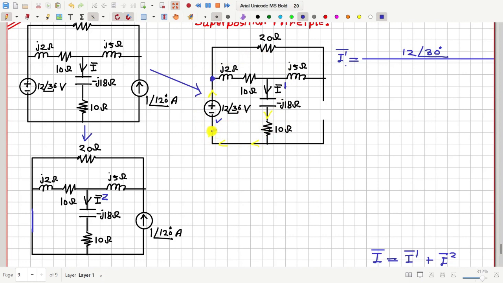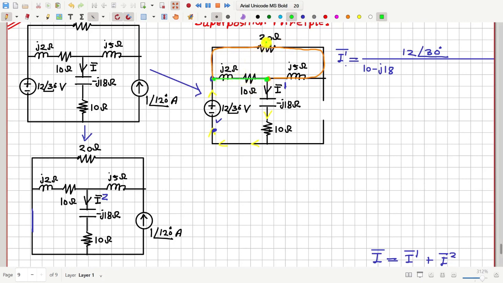Now let me start calculating the total impedance from the bottom. So here we have 10 minus J18. So this is the impedance of the capacitor and this resistor together. And after that, from here, we have two parallel paths. One is this one, and the other is this one.